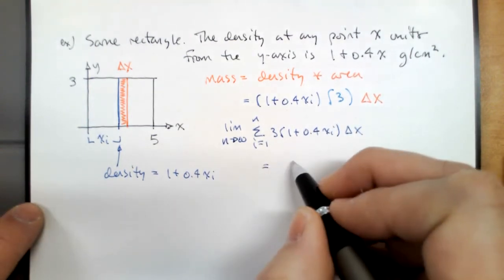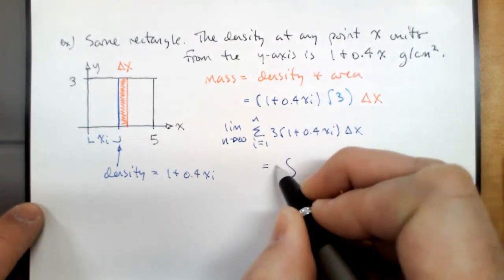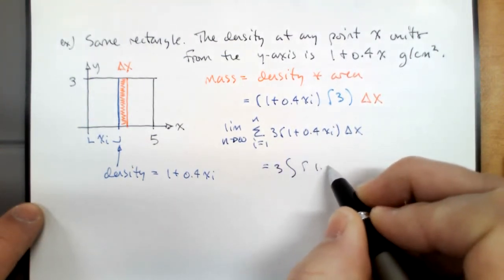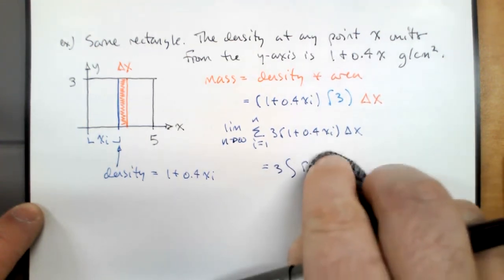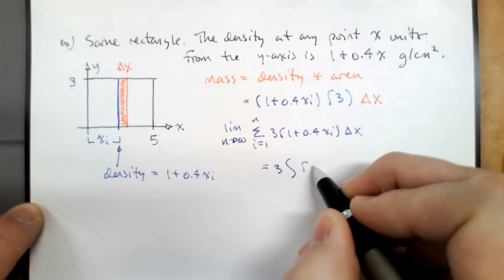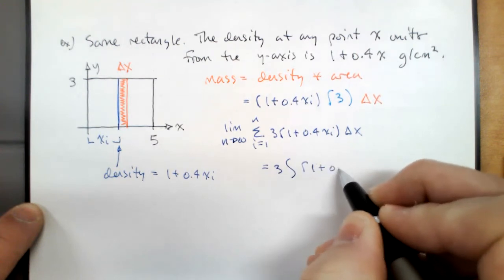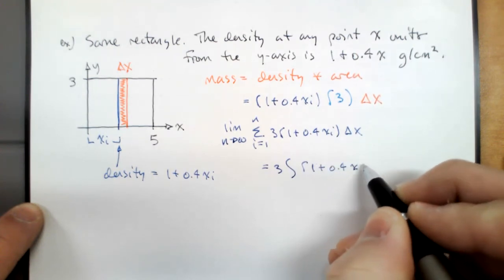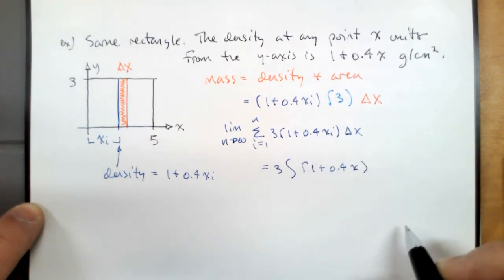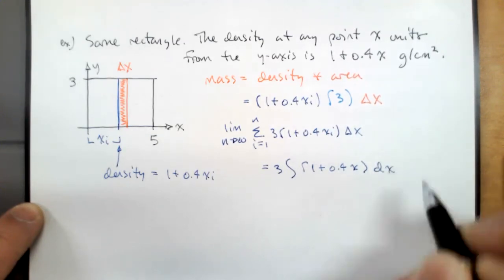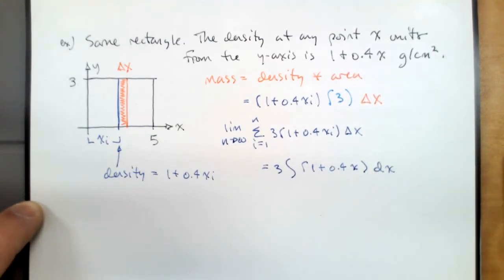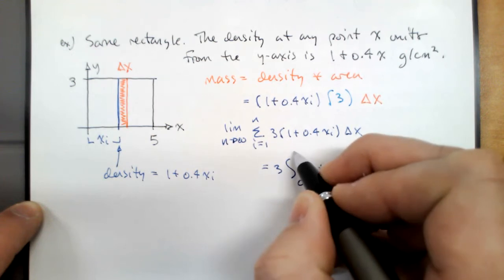This Riemann sum becomes our definite integral. Our xi becomes a continuous x, our discrete delta x becomes a continuous dx, and we integrate over all the appropriate x values. That goes from 0 to 5.